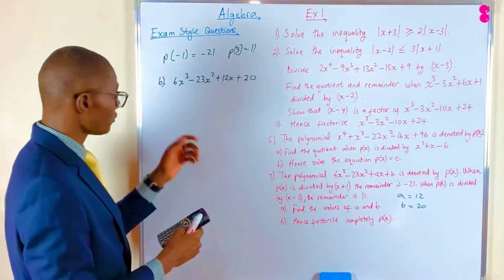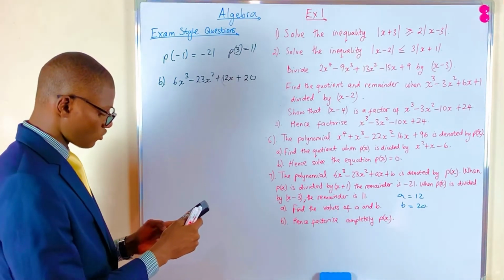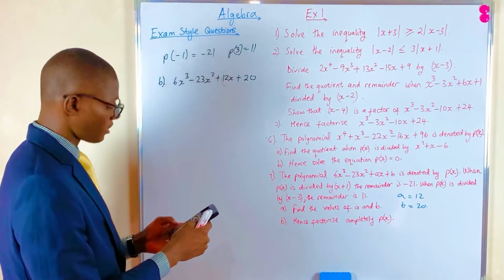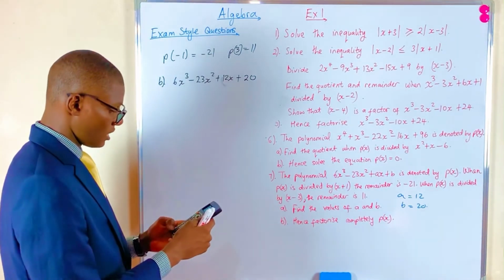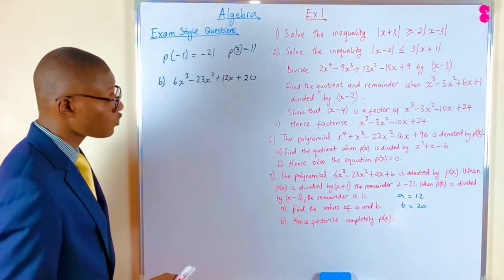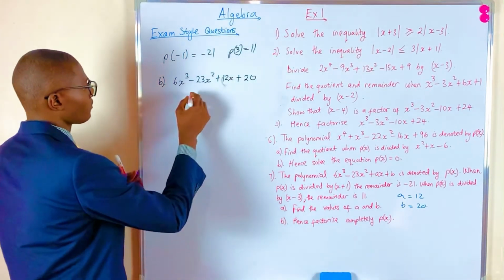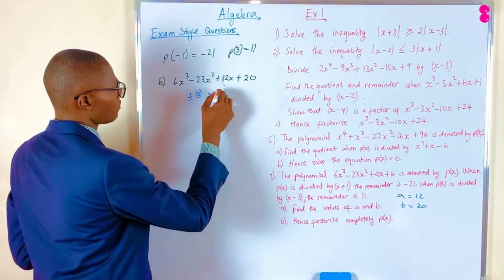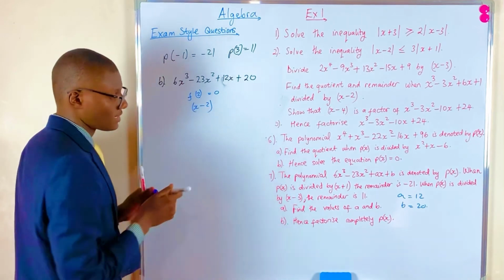If we try 2, let's say 6 times 8 minus 23 times 4, then plus 24, then plus 20. So 2 is a factor. So if f of 2 is given as 0, this implies that x minus 2 is a factor.